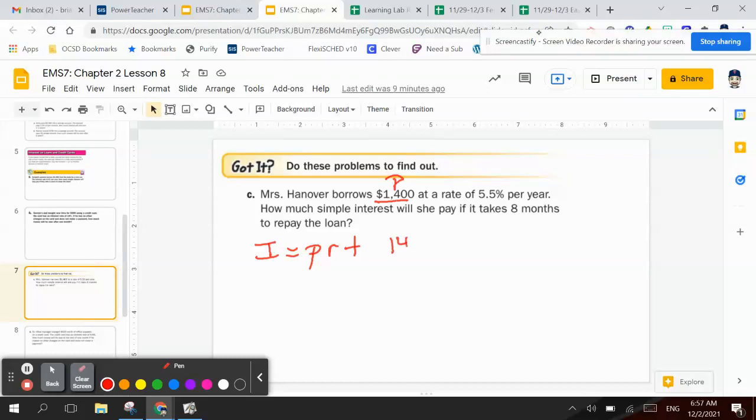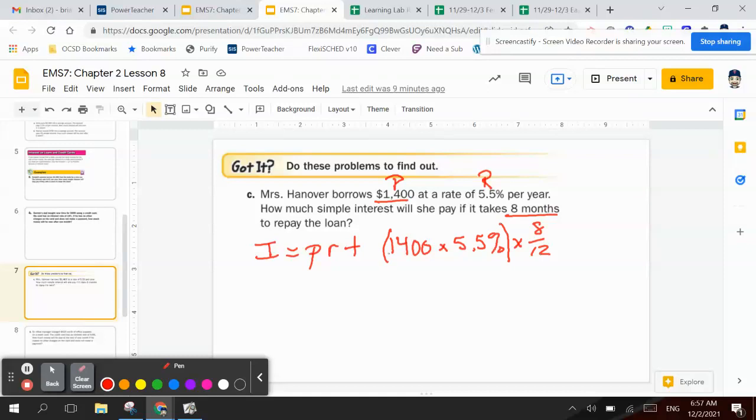That's $1,400 times the rate, which is 5.5%, times how long it takes to repay it. That's 8 months. That's less than a year, so that's 8/12.